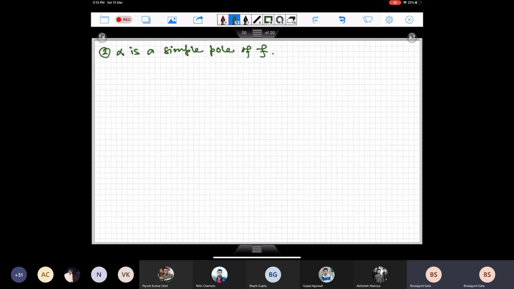We are just going to multiply my function f by z minus alpha, and the new function now becomes a function having a removable singularity at alpha. So you just look at the limit as z tends to alpha of z minus alpha times f of z.